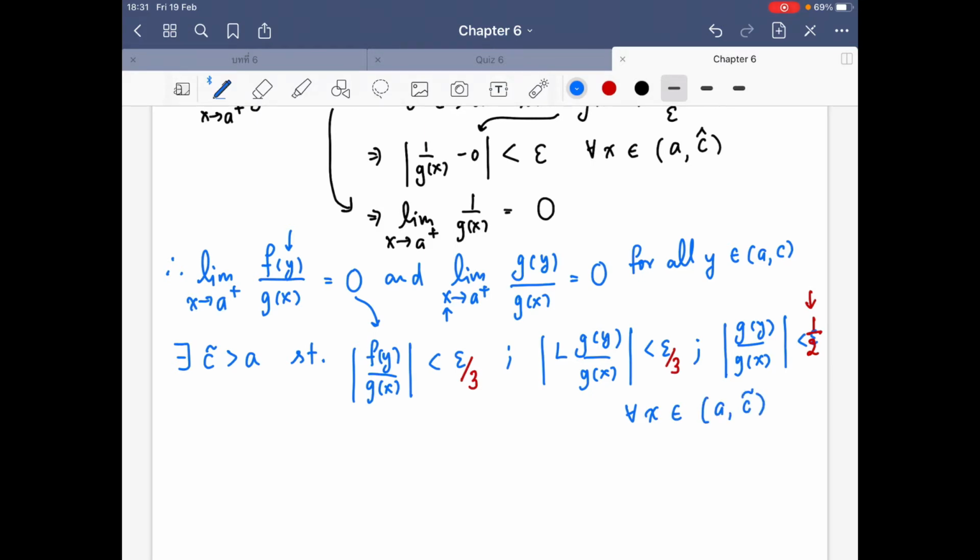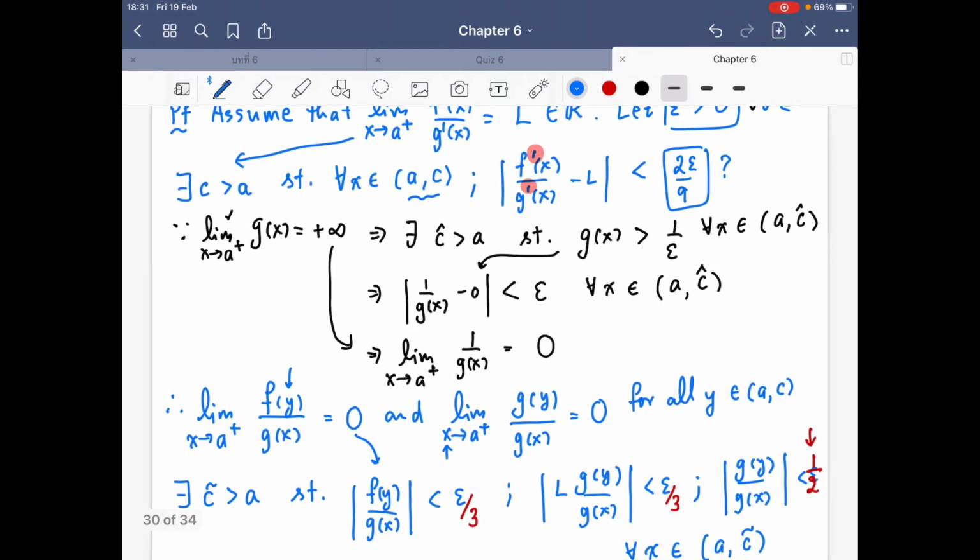Now we are ready to combine these pieces that we prepared with the f prime over g prime here.